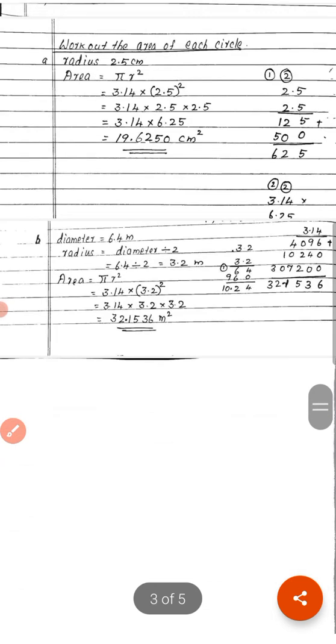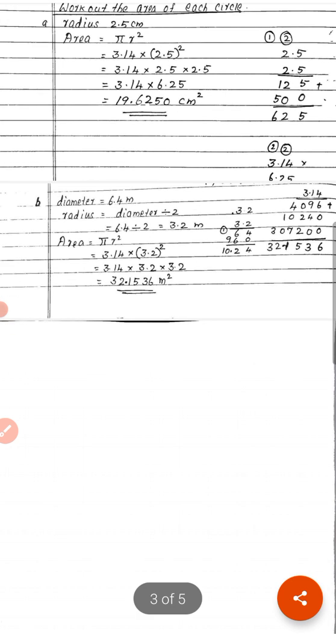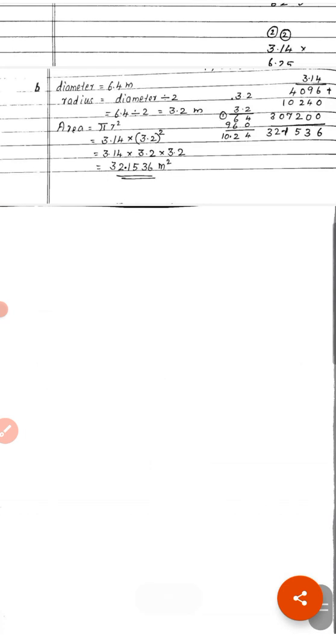Now let us find the area of a circle using the formula pi r squared. Our first question is, find the area of a circle of radius 2.5 centimeter.